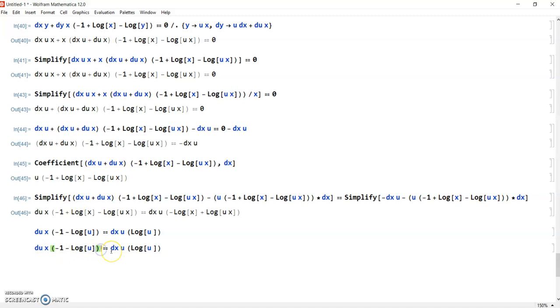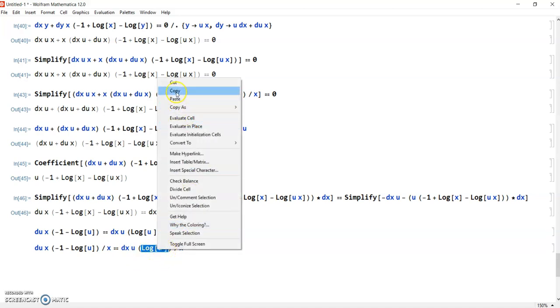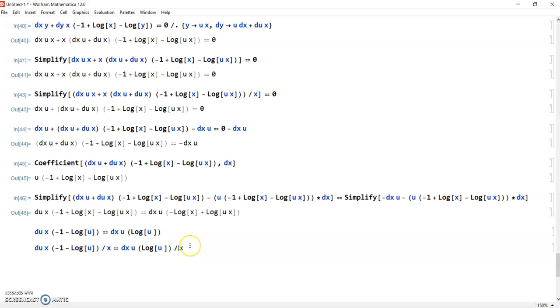I will divide this side by x, and similarly this side by x, and then I will divide this side by log of u also. So I can put it like this, times log of u, bracket close. So same on the left hand side.